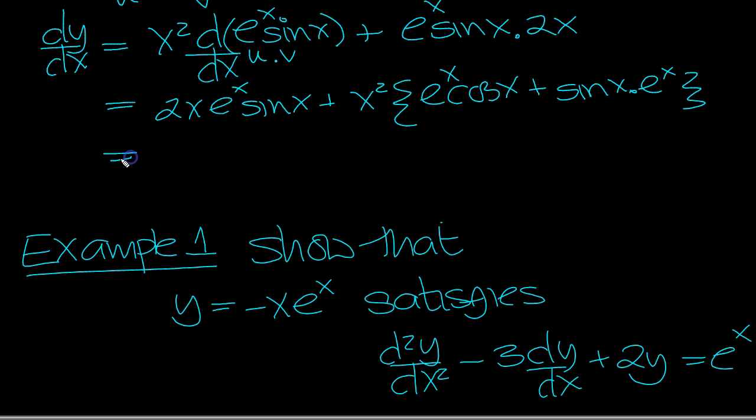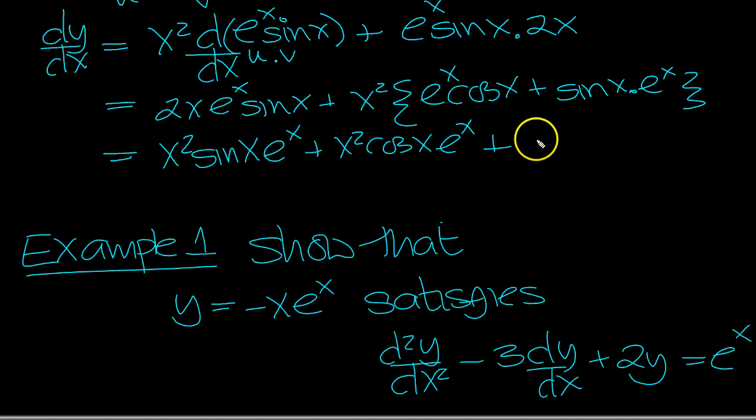So we end up with then, because it's x squared, I'm going to write this term first. x squared sine x e to the x. Then I'm going to write x squared cos x e to the x there, and then I'm going to write this term at the end now, 2x e to the x sine x.